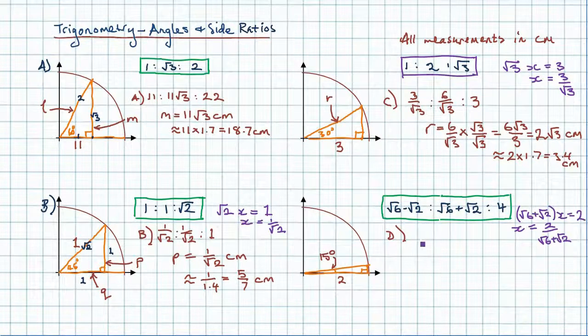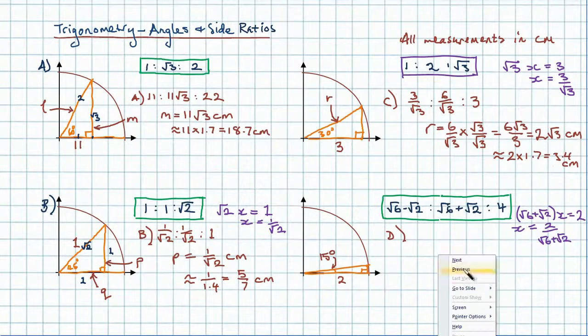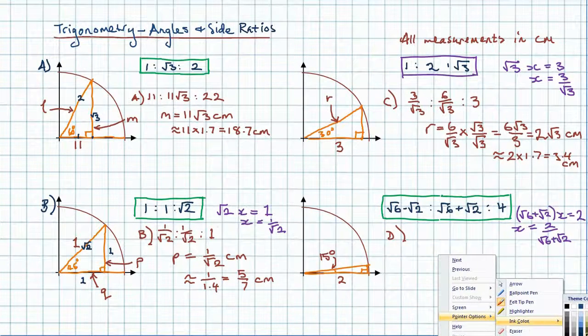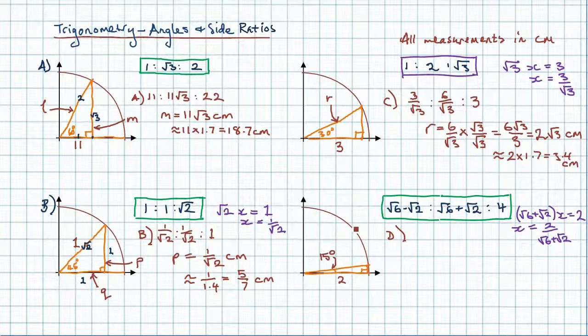Now, to do the next part, what I'm going to do is immediately work in decimals, in approximations, because to work with these numbers is going to be a bit more difficult. But if you want to work in surd form, you can. Let's just, in the interest of time though, work this through fairly quickly. So what are we going to say?